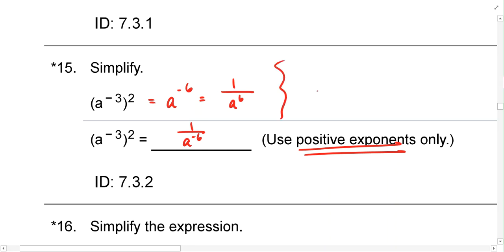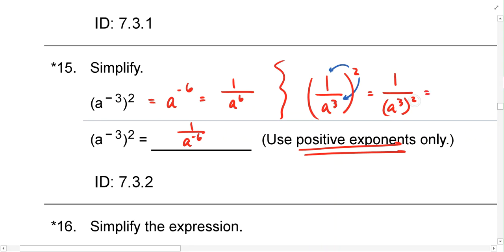Now some of you may recognize that negative exponent first and choose to rewrite it this way: 1 over a to the 3rd power, raised to the power of 2, which is perfectly fine because law number 5 says that if I see a fraction with an exponent on the exterior, then we apply that to both the numerator and the denominator. Now 1 to the 2nd power, or 1 squared, is still 1, and a to the 3rd power squared, well, we've kind of already thought about that one already.